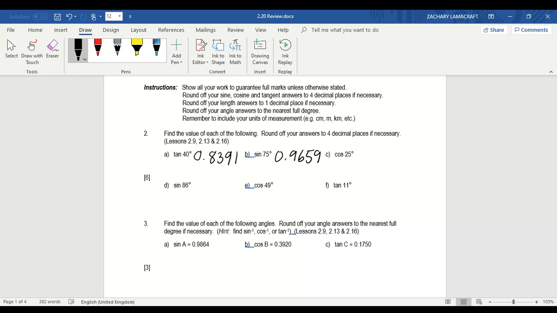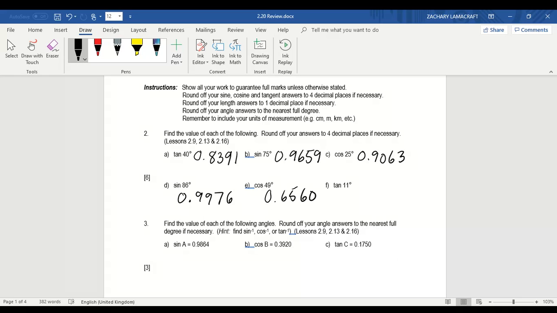Next, 25 cos ends up being 0.90630, so we just stick at 3. 86 sine would be 0.99756, so we'd round it to 6. 49 cos on my calculator would be 0.6560.